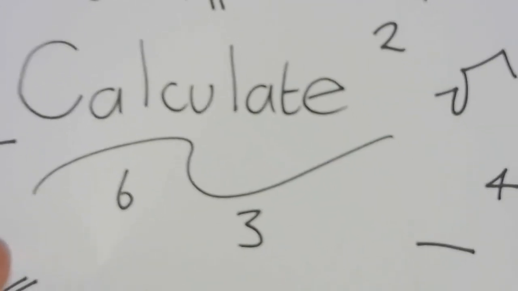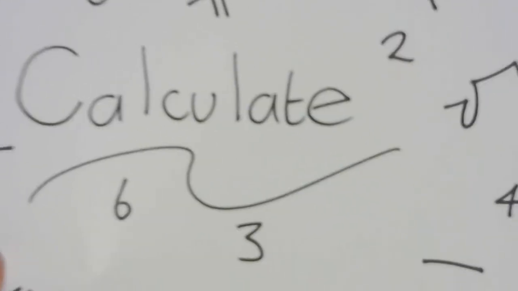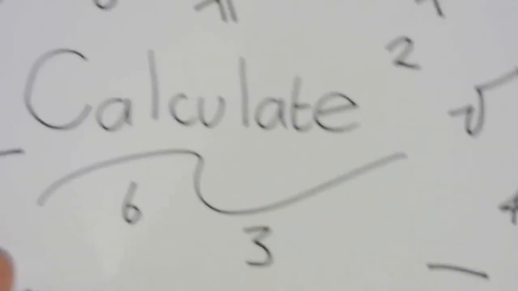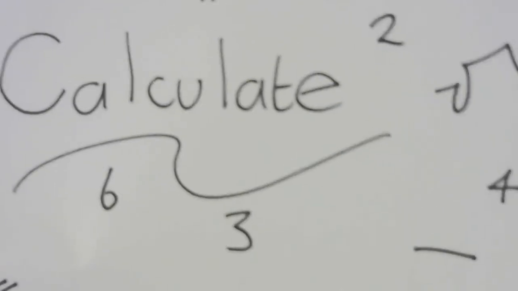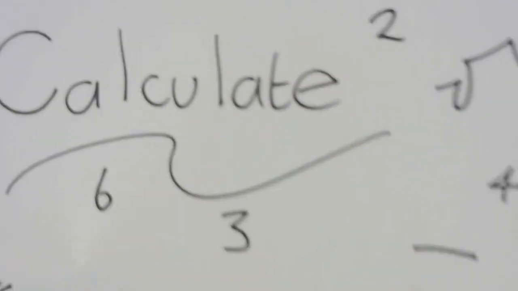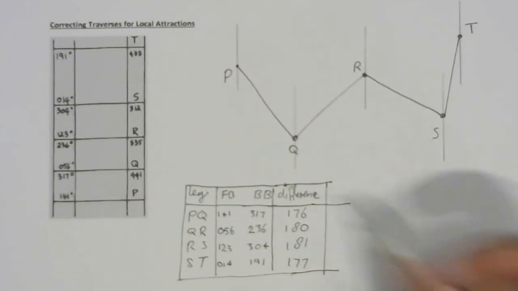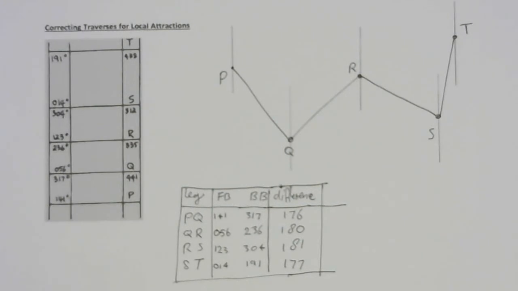We'll need a calculator for that. And these are the values we get. 176, 180, 181, and 177. And that is obviously a problem.